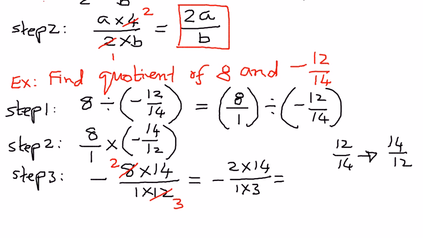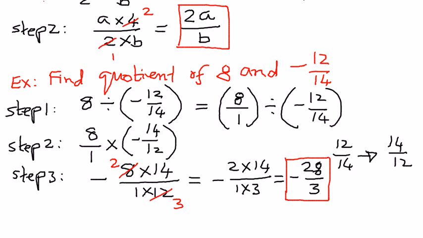So when we simplify this, we're going to end up with a value as follows. 2 times 14 is 28, divided by 1 times 3 is 3. Therefore, negative 28 over 3 is the simplified form of finding the coefficient between 8 and negative 12 over 14.